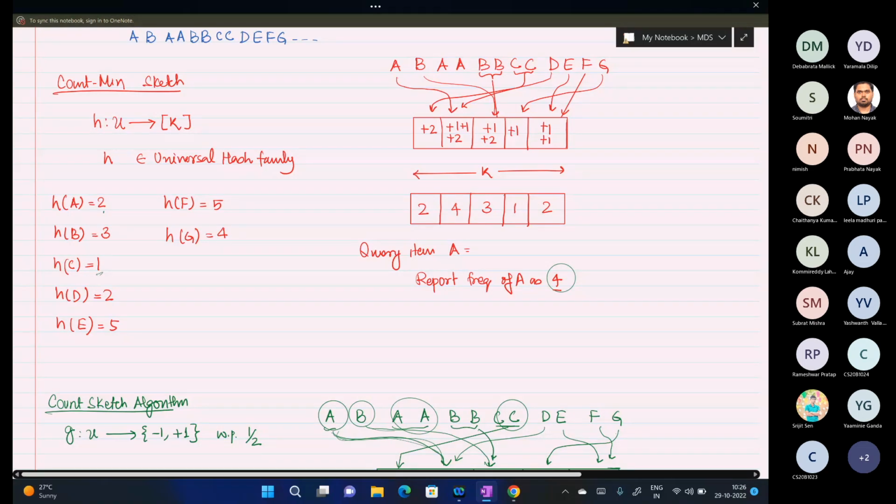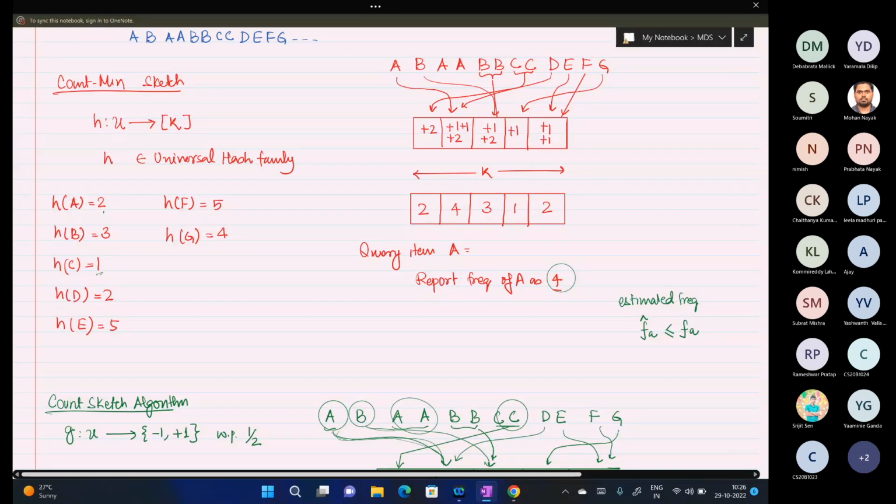So suppose our estimated frequency is denoted by f of a hat, and suppose f of a is the ground truth frequency. So this will be at most f of a. It cannot be less than that.